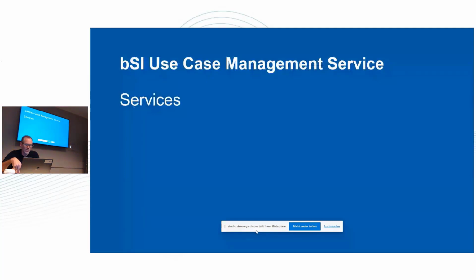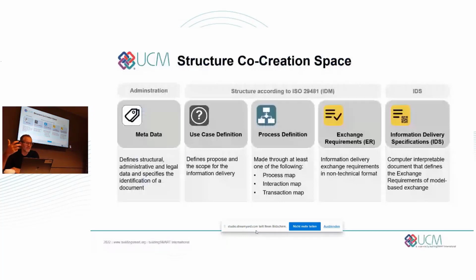So what are we actually talking about, and how does it look in the actual application? As just mentioned, we have the IDM core with the use cases, the process definition and the exchange requirements at the core.